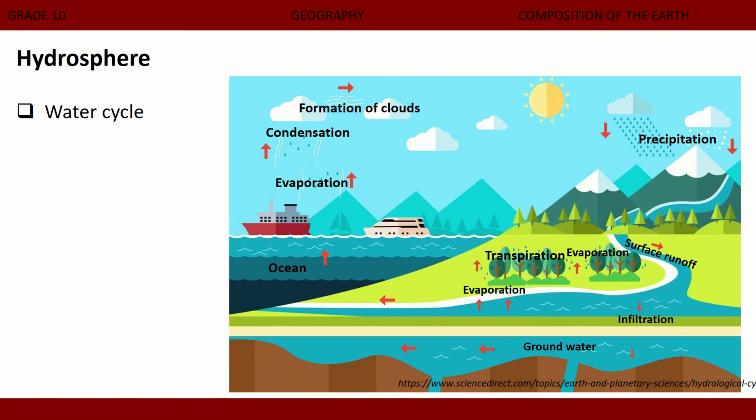We can see the main processes in this picture: transpiration and evaporation, condensation and formation of clouds, precipitation, surface runoff and infiltration.